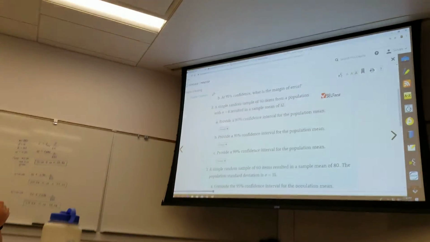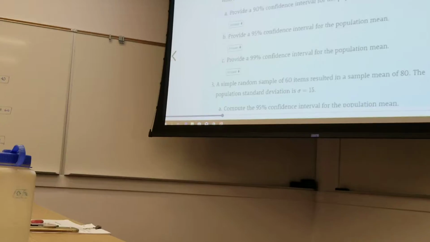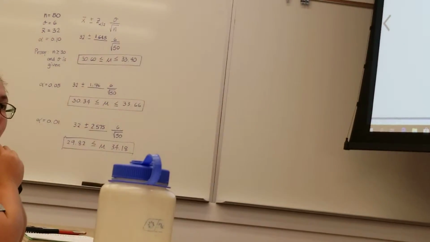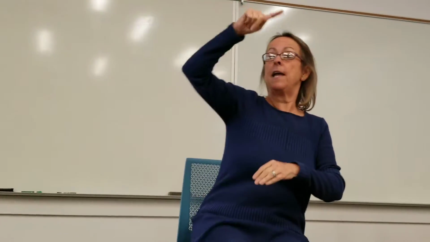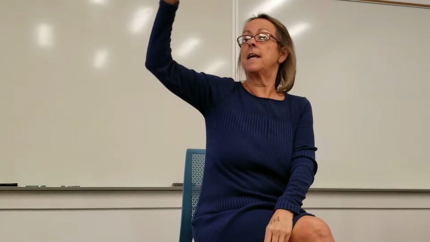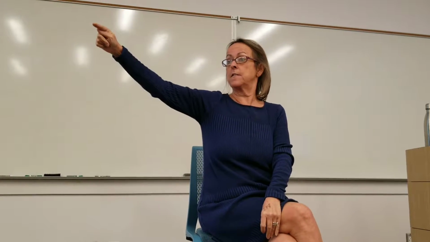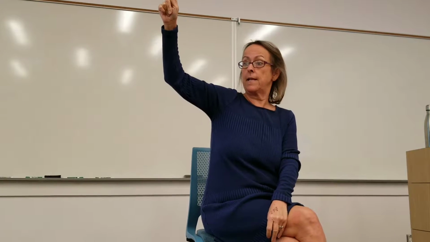Everything else remaining equal, as you increase your confidence, there'll be a whole variety of choices, but the right answer would be A: the standard error stays the same, the margin of error gets bigger, the confidence interval gets wider. That would be the right answer, but there'll be a lot of other variations.